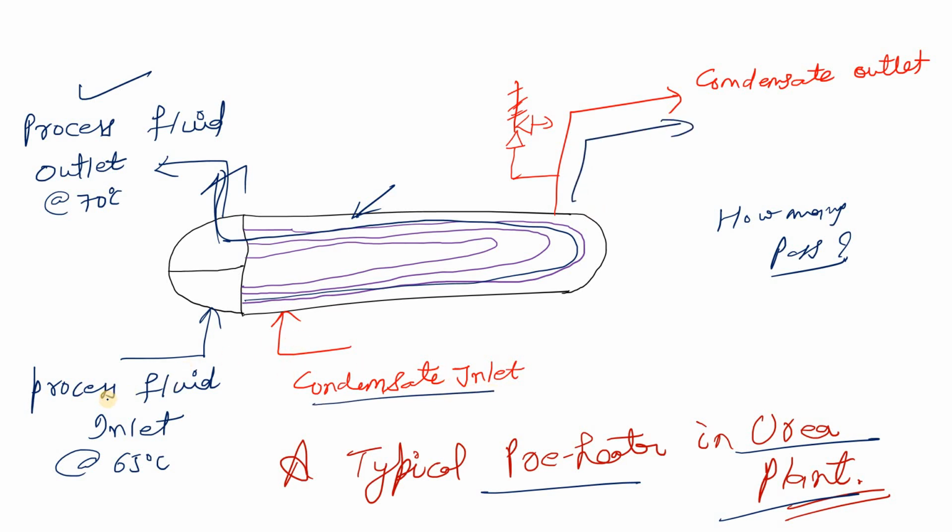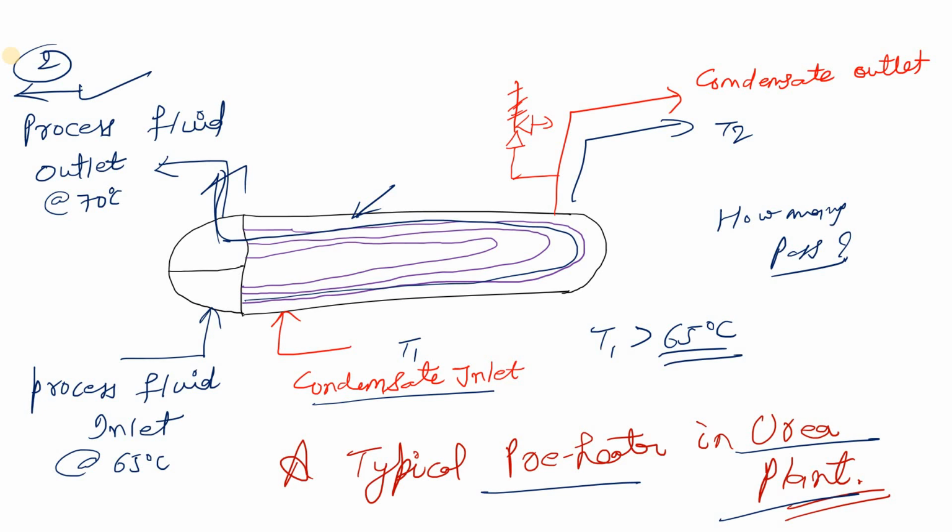So what is this doing? This condensate will have a high temperature T1, T2, and this T1 will have a higher temperature than 65 degrees Celsius. So it will give its heat to the process fluid, and then the process fluid will become hotter, and it will go to its desired location, let's suppose 2.